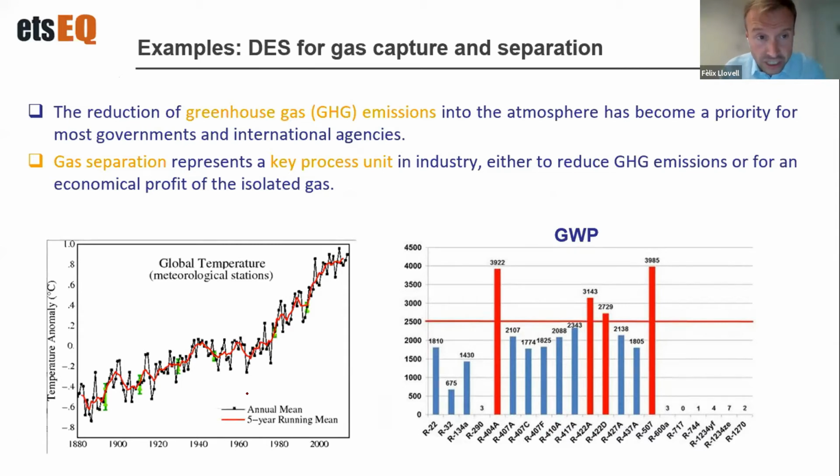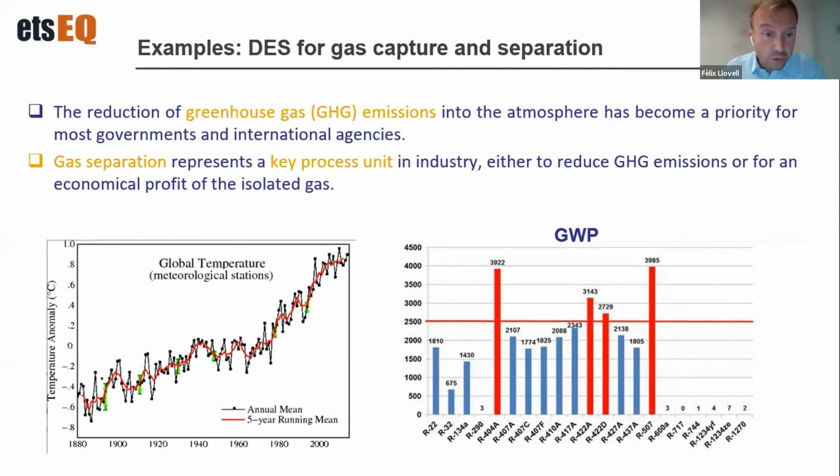And here, I just want to say that it is not only a matter of reducing the amount of carbon dioxide, but also many other gases that are impacting the global warming potential, such as the fluorinated gases that we all have in refrigerators and air conditioning.